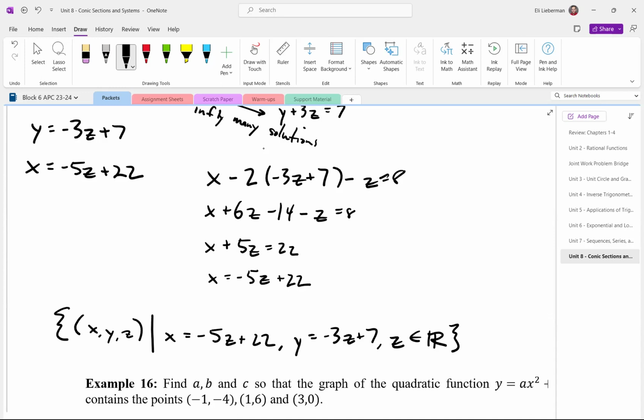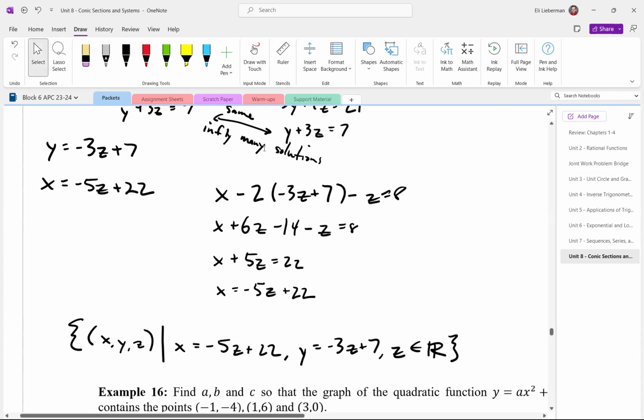Okay, so now that we have this, let me just review what we did. We broke it down from a 3x3 to a 2x2 and found that the two equations we had are the same. That's how we know there are infinitely many solutions. From there, we took the equation, solved it for one of the variables, and decided which would be our free variable. Everything would be based on that z.